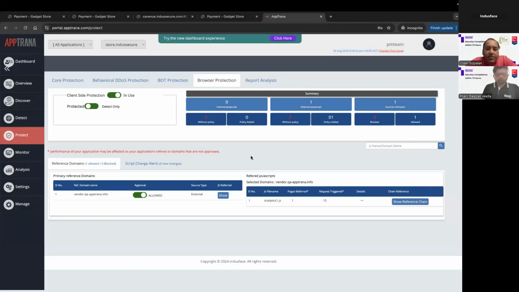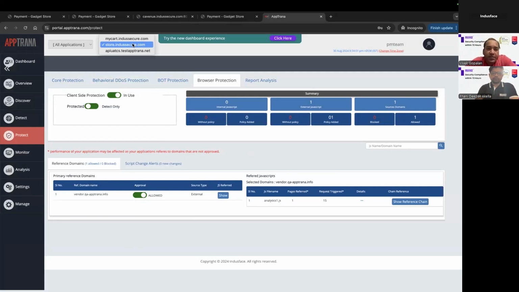What this means is you have verified this is the behavior. You know these are the JavaScripts that need to be loaded, and you have approved that this is my known behavior. All this learning happens invisible to you. We do it as users use your product and your applications behind us, and then we keep listing it here, and you can look at it, allow it, and then start the enforcement mode.